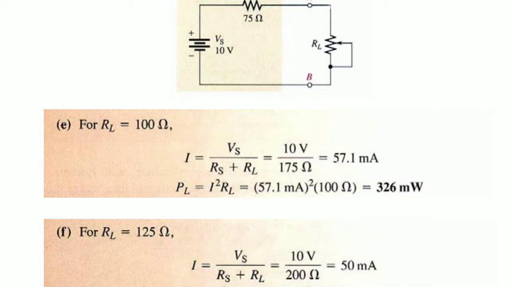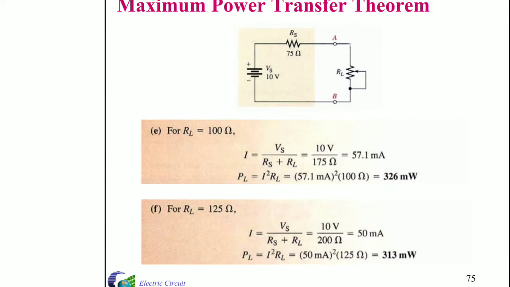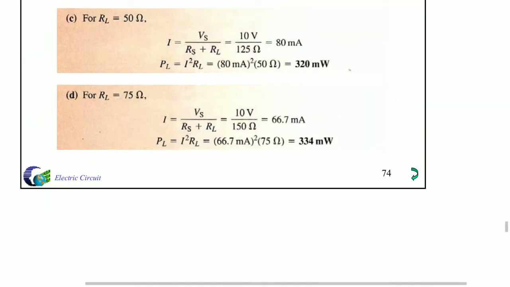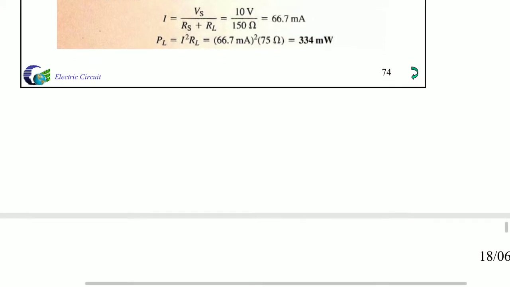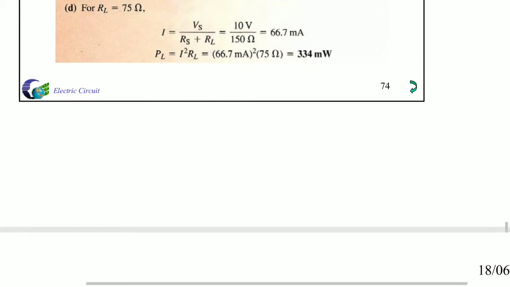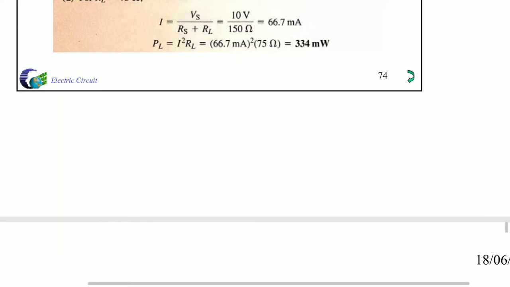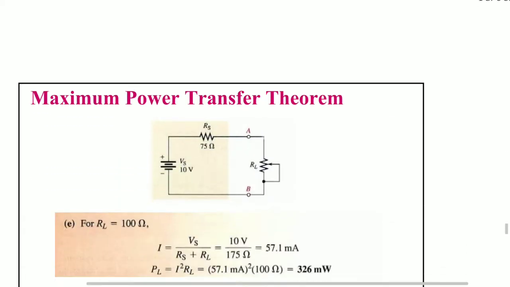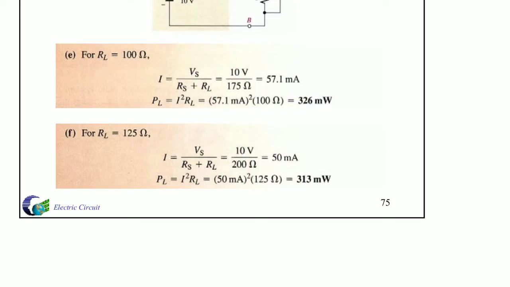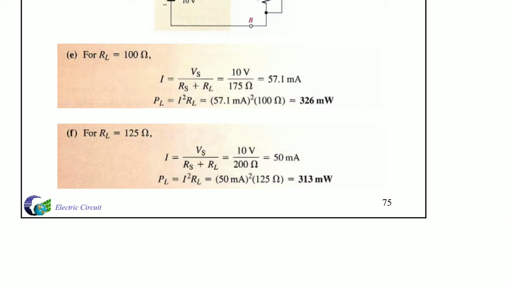Observe this: for RL equal to 75 ohms, PL is 334 milliwatts; for RL equal to 100 ohms, PL is 326 milliwatts.